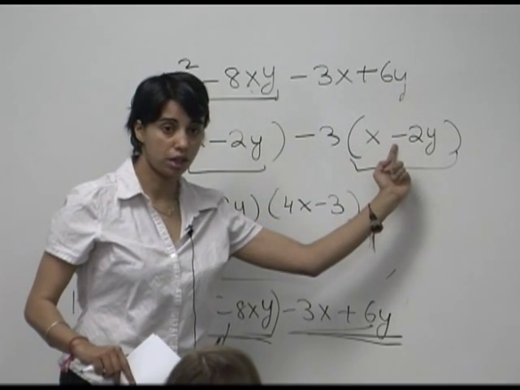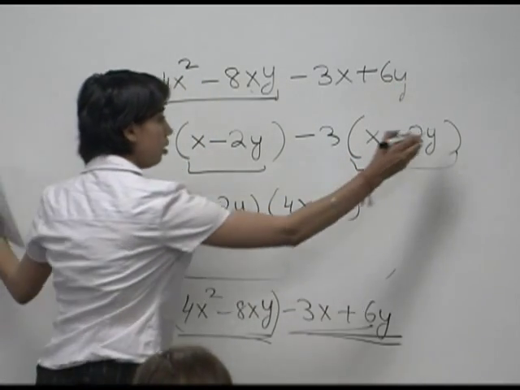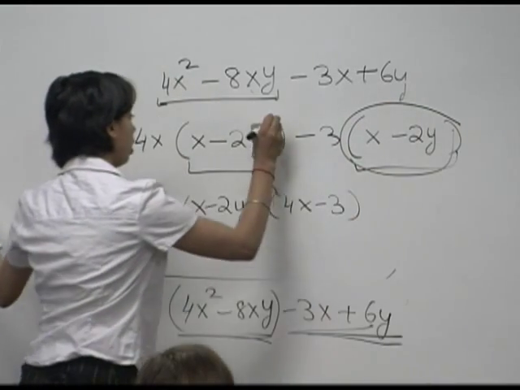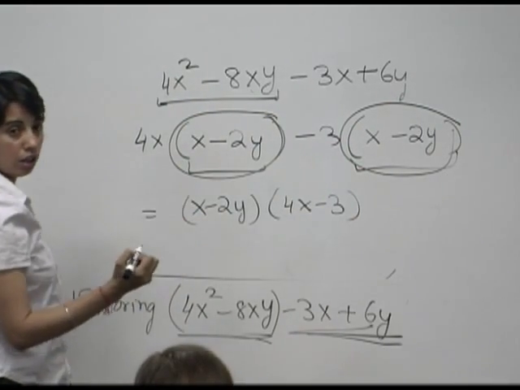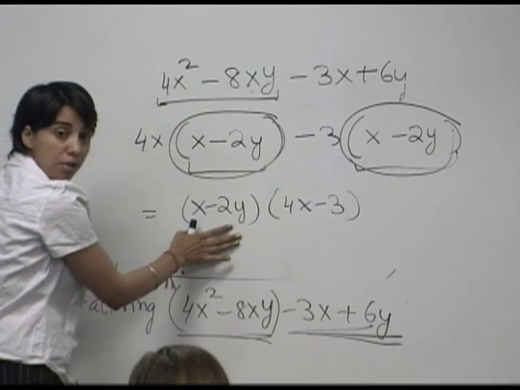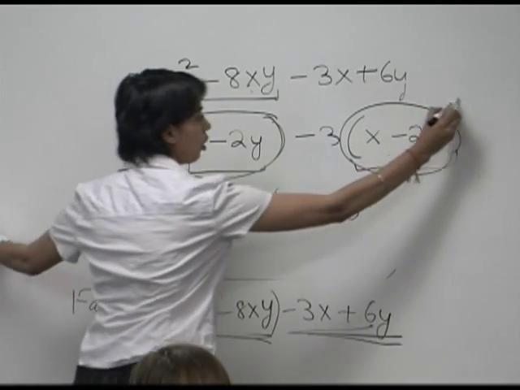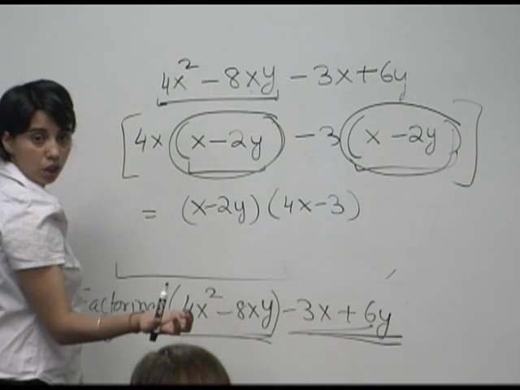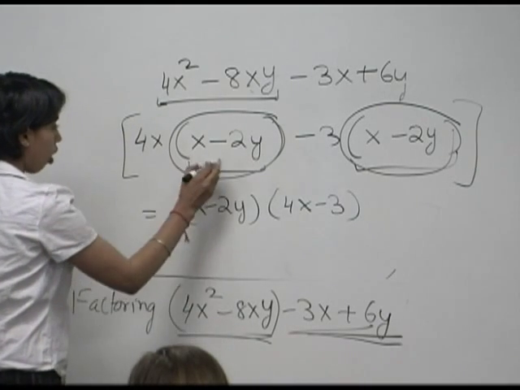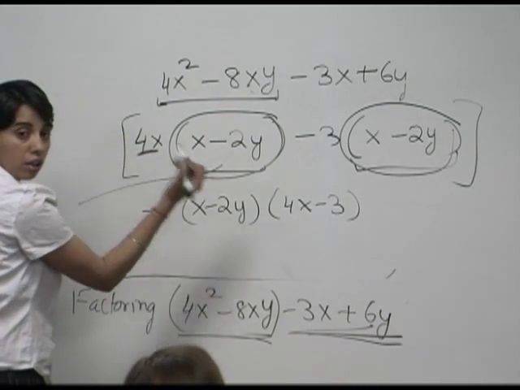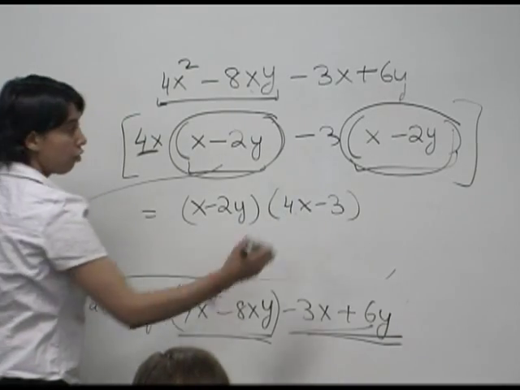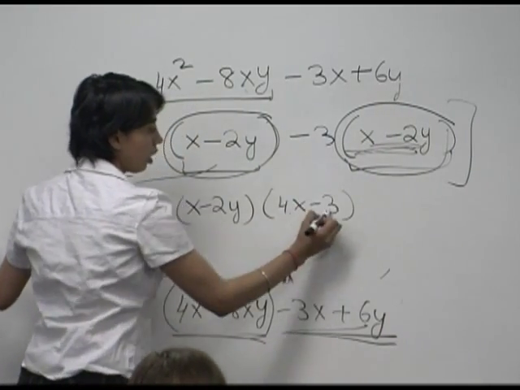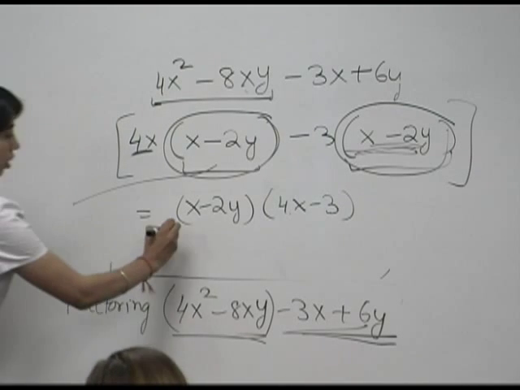That's why there's a minus sign here. Then you have x minus 2y and x minus 2y. If you pull out this common factor again, considering this as a whole expression, what is left here? 4x. And what is left here? Negative 3. That's why the answer becomes this.